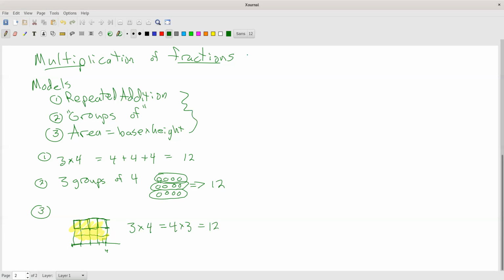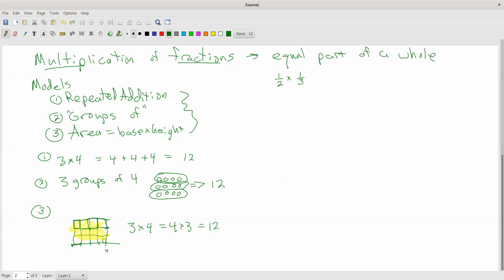What does a fraction mean? Well, a standard definition for a fraction is equal part of a whole. So with the repeated addition, it gets a little weird. Like if somebody said, take 1/2 times 1/3.